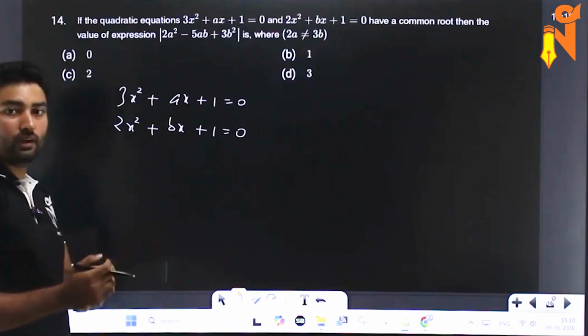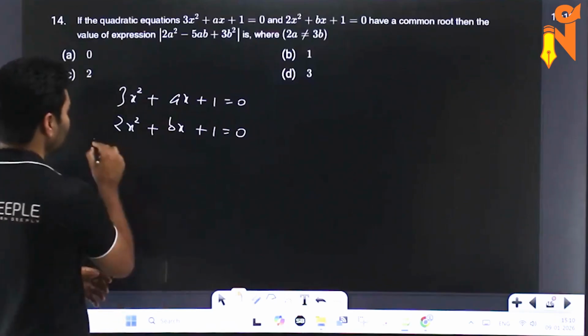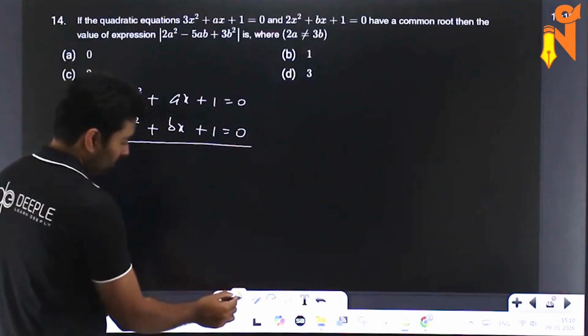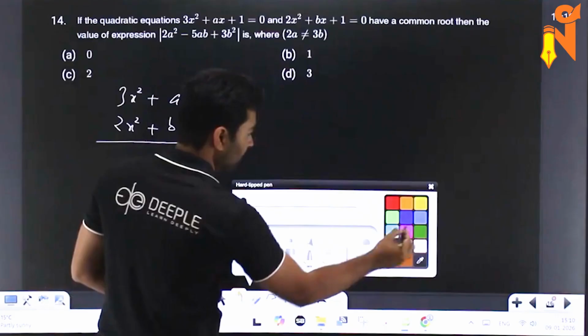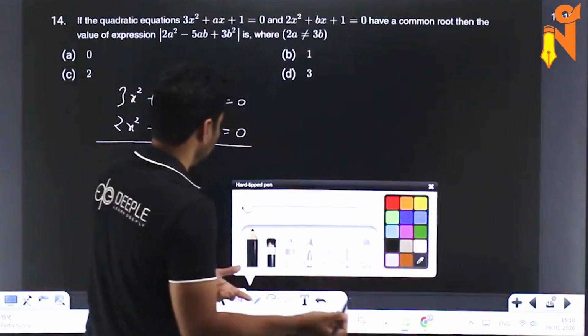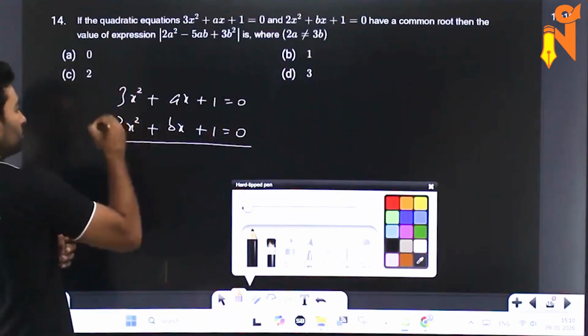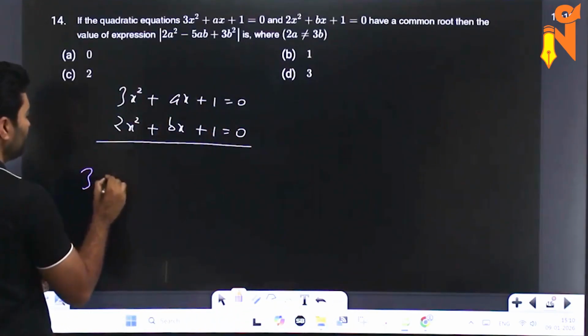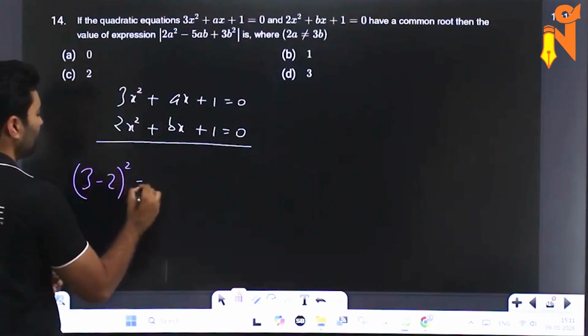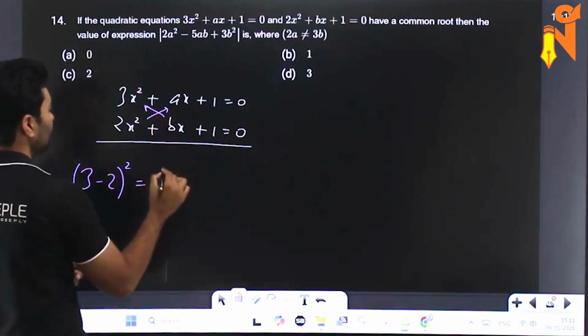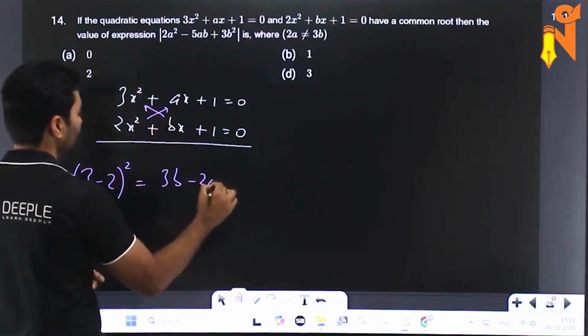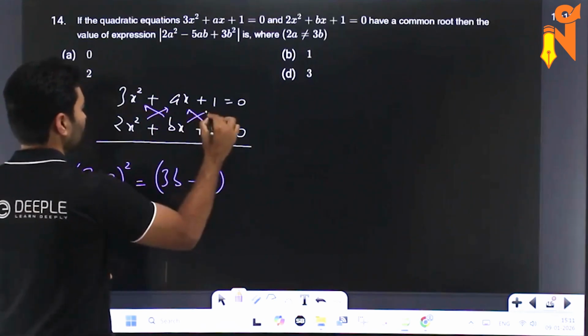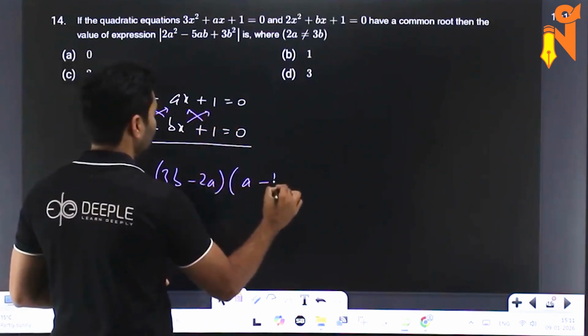Second is, if you remember the properties, the shortcut, which generally I use: bigger cross means (3 minus 2) whole square equals small cross 3b minus 2a, small cross into a minus b.